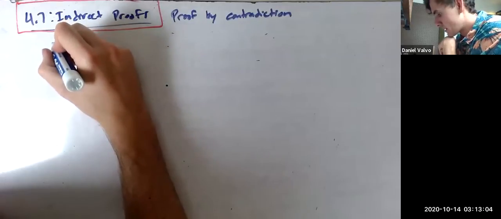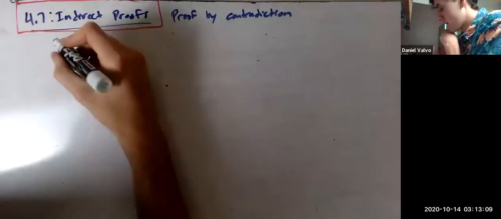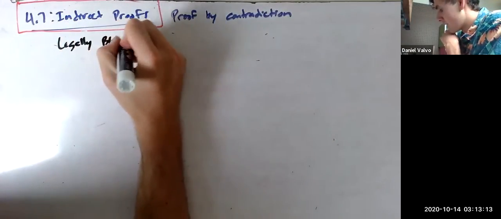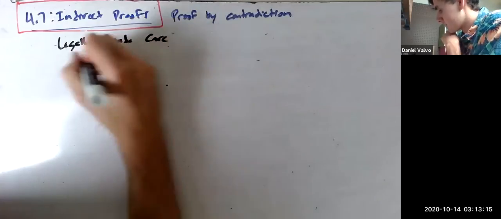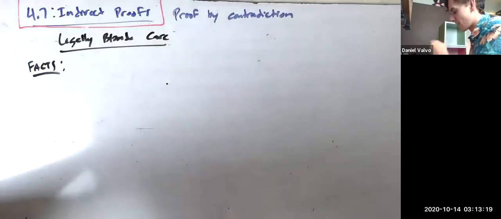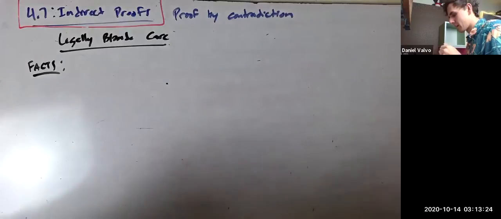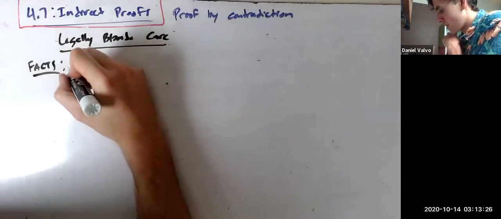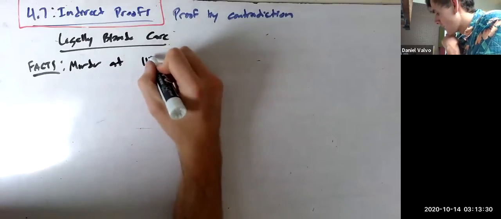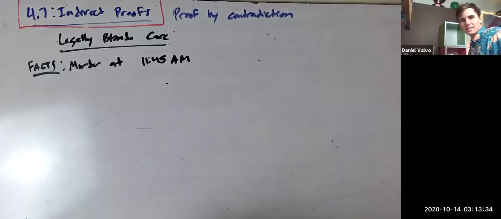So, let's start with the facts. I'll say Legally Blonde case. Here's the facts. They have receipts, they know this. On the day of the murder, or so we're going to say murder, at 11:45 a.m. That's the time.